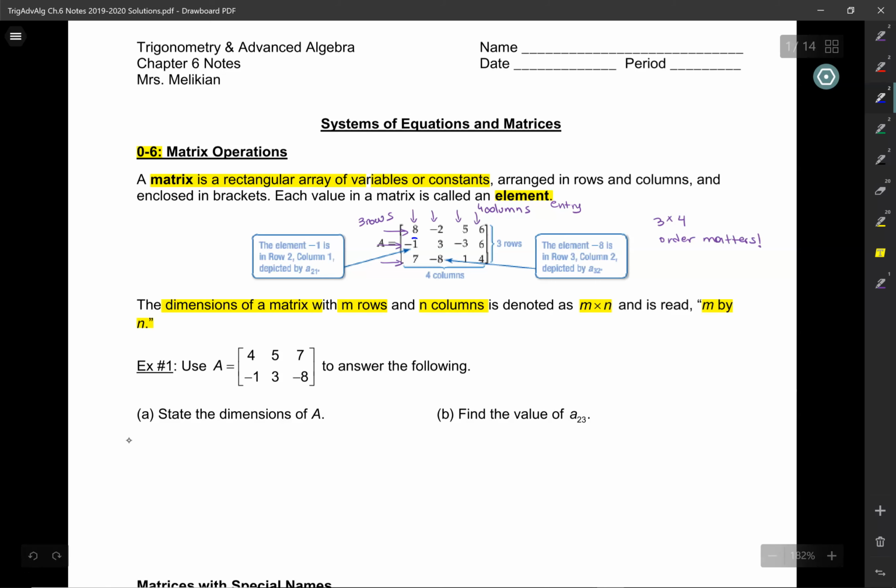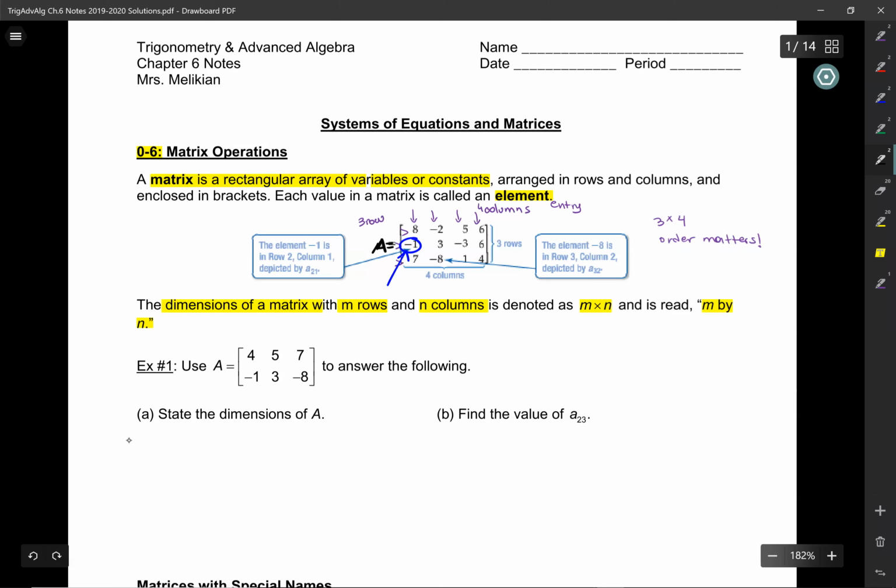For example, this number here is in row 2, column 1. So how do I refer to that guy? Well, the entire matrix, as you see here, has a name given by a capital letter.